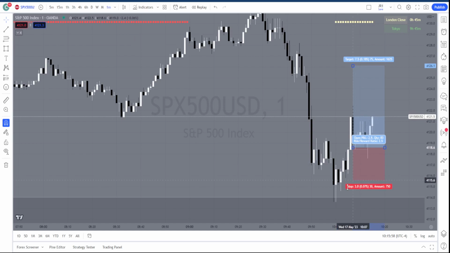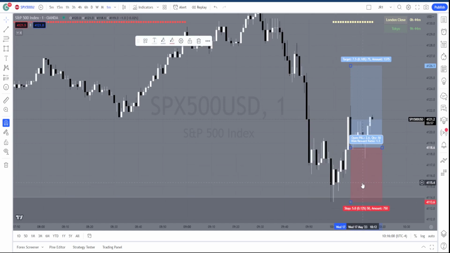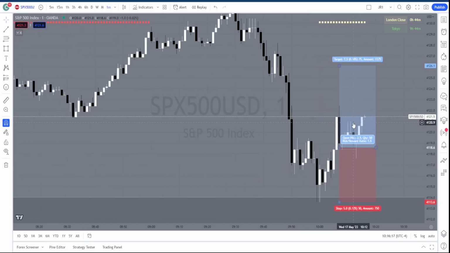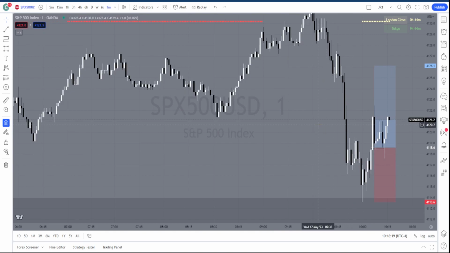So obviously you're going to have to use bigger stops. This will help you not risk too much, and it will also help you feel more comfortable when you see price starting to come down, like on this candle right here, when this candle was coming down. Either way, we'll see what happens.